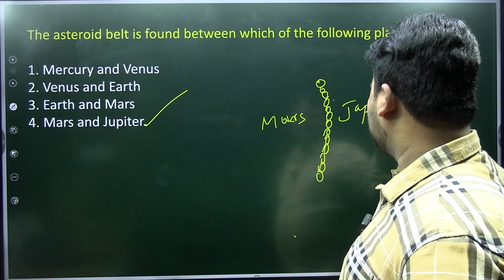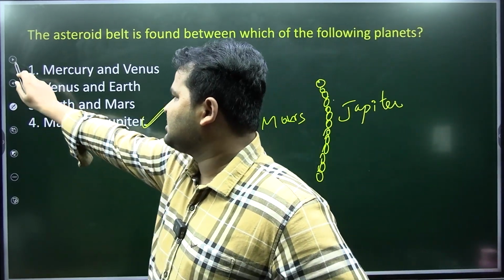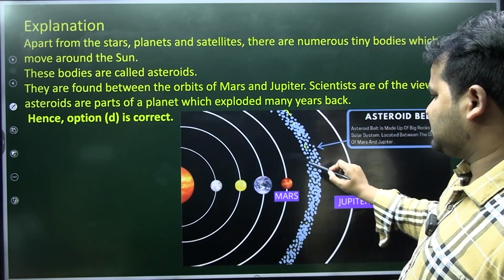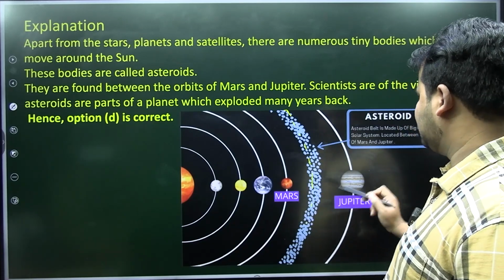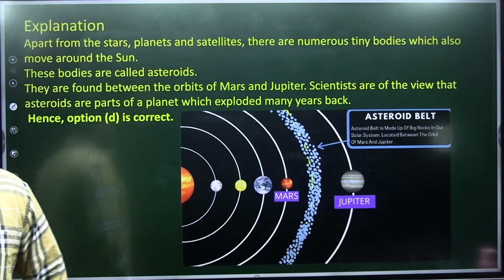That's why the fourth is the true one. You can find the asteroid belt here, between Mars and Jupiter, in the image.